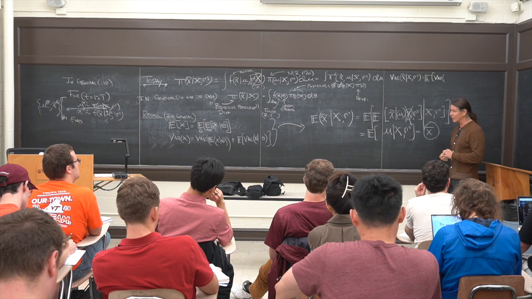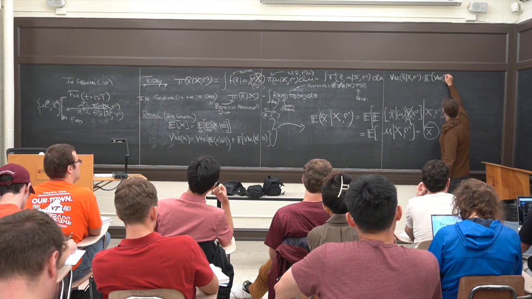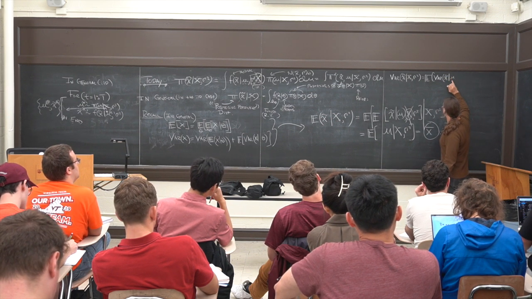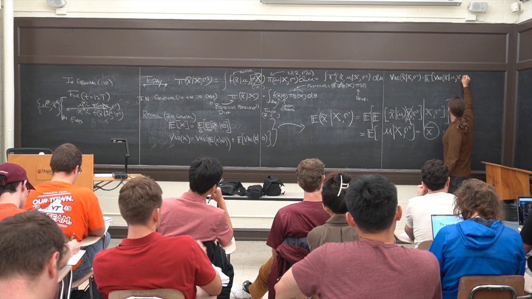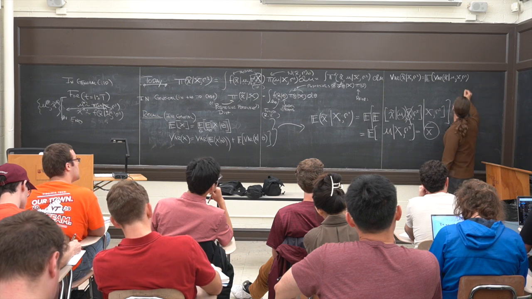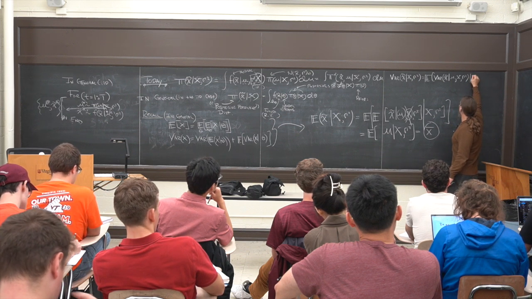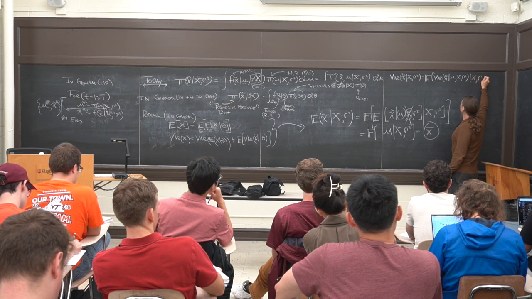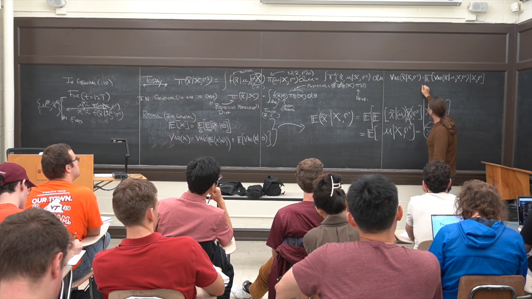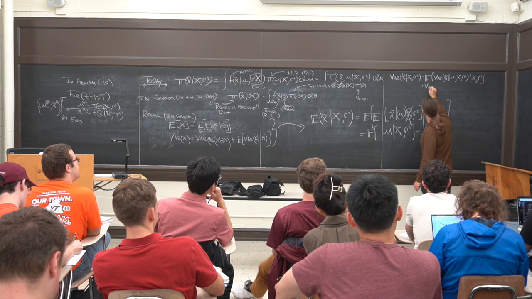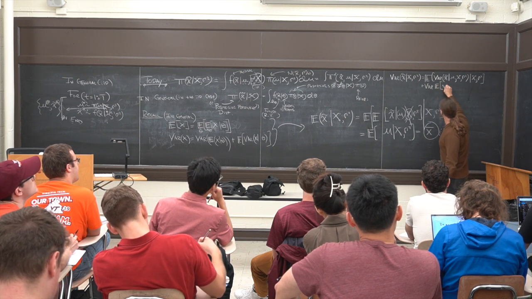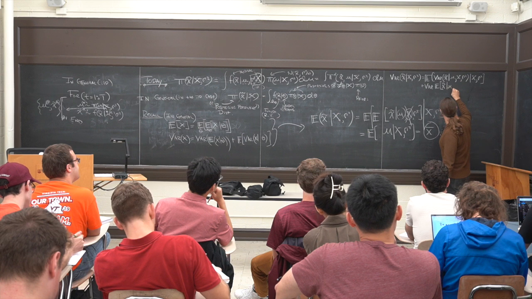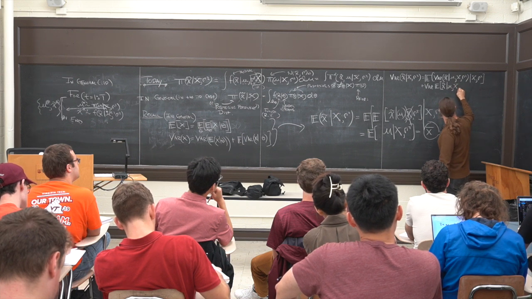You add them together, so that's easy to remember. For x tilde, I'm going to condition on that parameter that I'm integrating out: conditional on x and sigma squared, plus the variance of the expectation of x tilde given mu, x, sigma squared.